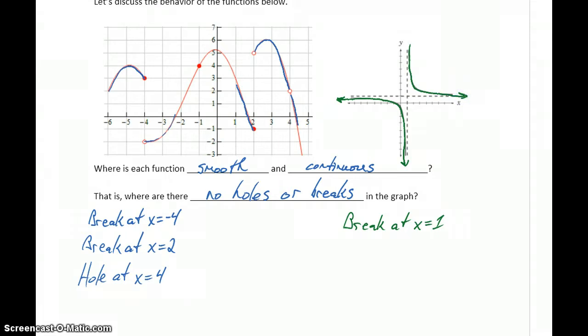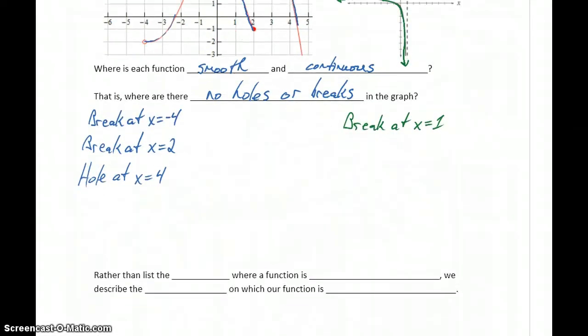So we're interested in finding those places where we can identify holes or breaks in our graph to answer the question, informally, where can we trace the graph without picking up the pencil?